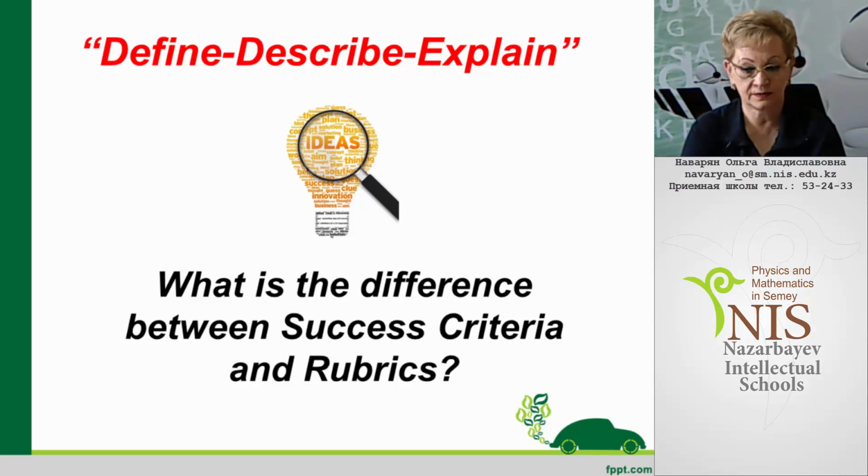So firstly, define success criteria and define rubrics. Then describe when we use success criteria, when we use rubrics. And of course, explain how success criteria work and how rubrics work in the assessment.